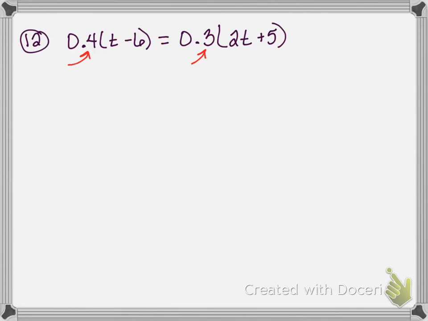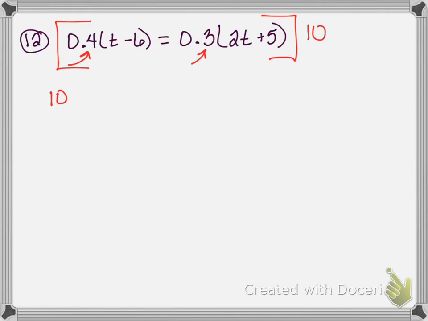So what do I need to multiply each side by? 10. Okay? If I had 2 decimal spaces, what would I multiply by? 100. If I had 3 decimal spaces, please don't let us have 3 decimal spaces. 1,000. Good.